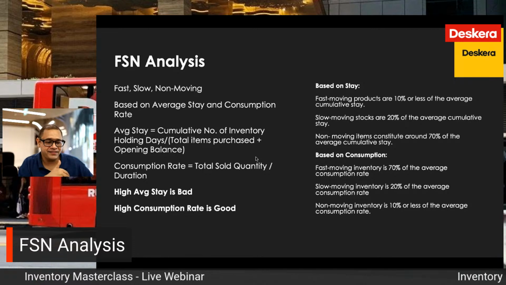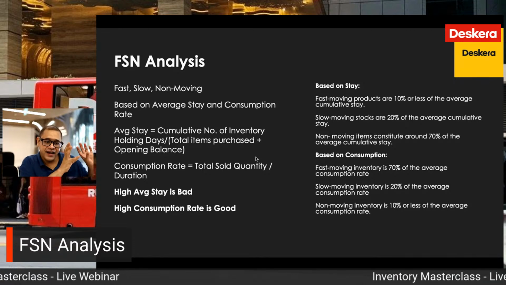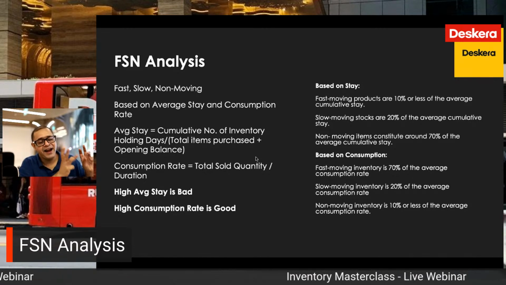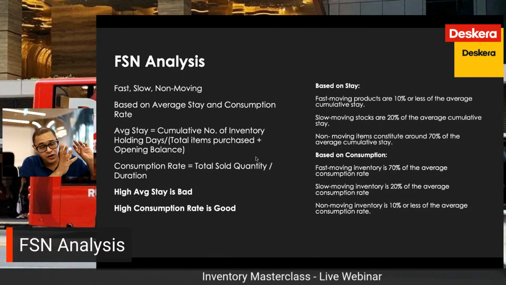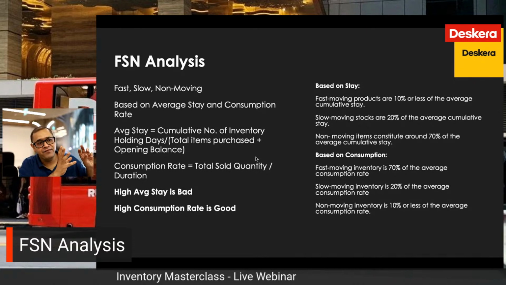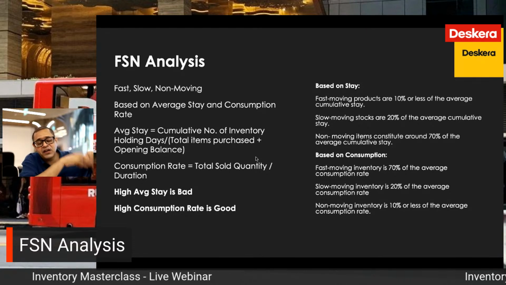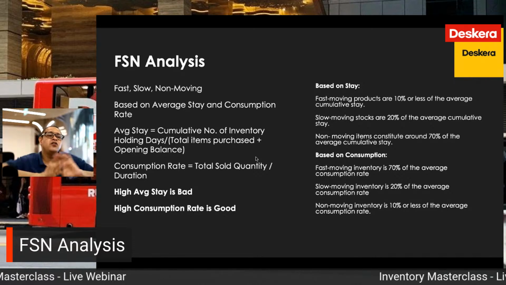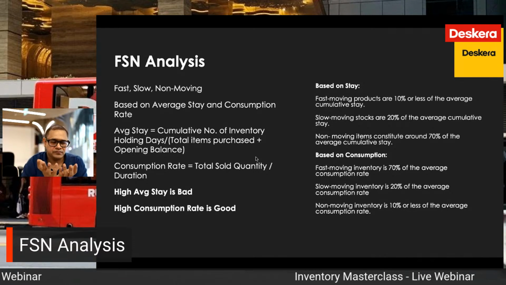What is average stay? Average stay is the total amount of time that you have the inventory staying with you in the warehouse divided by your total inventory that you had.